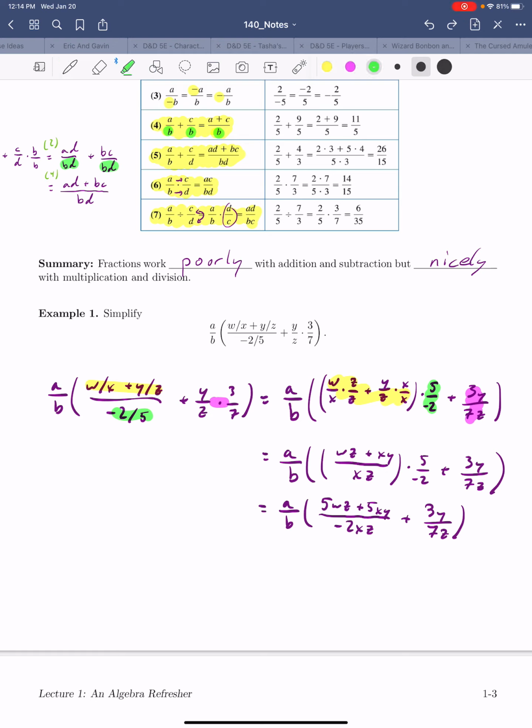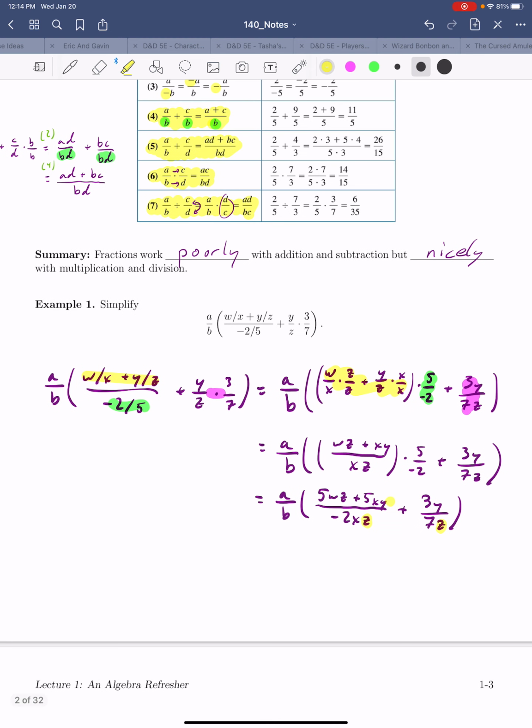However, do note that the denominators share a z. So when we're finding the common denominator, we need only multiply by 7 over 7 right here, and negative 2x over negative 2x there. Okay, so let's do that, right? So we get a over b times, and this is going to be 5, so I guess I won't use the parentheses for this since it's already a fraction.